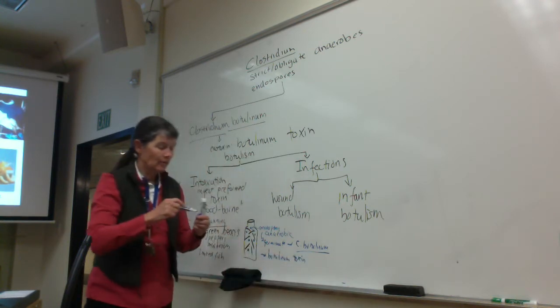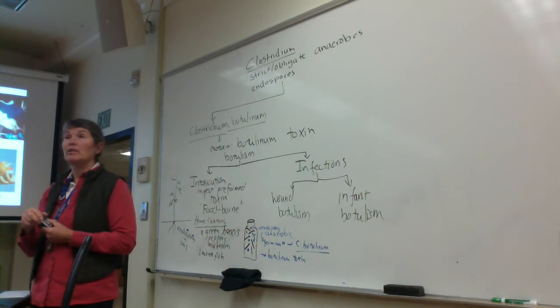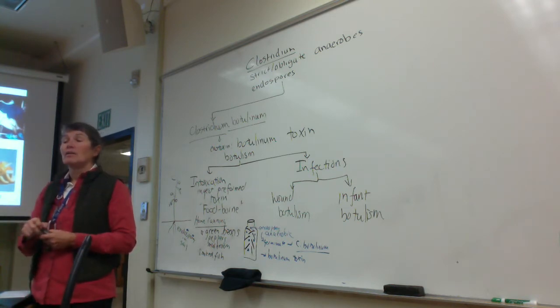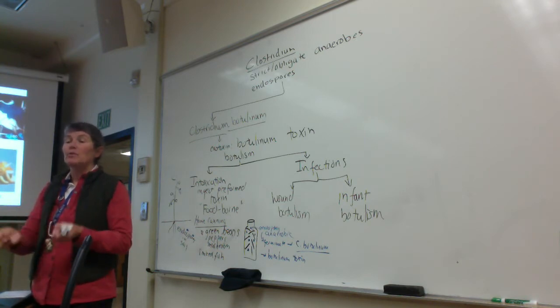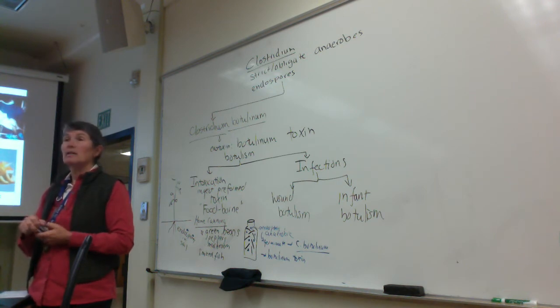So let's say your jar of green beans has been sitting in the garage or basement for a couple of months, and now it's midwinter, and you want to make a green salad with some green beans. So you open the can, put the green beans on your salad, and start eating them. So what are you ingesting? The botulinum toxin, right?